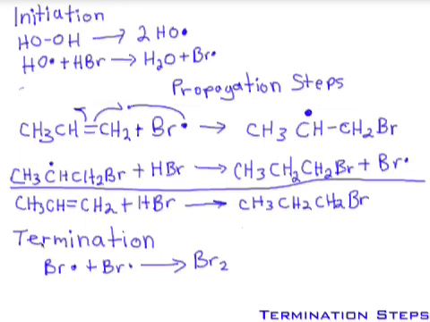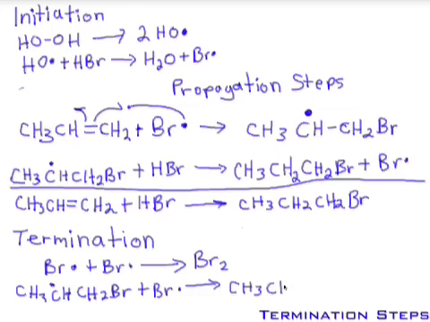You might have the alkyl radical, CH3, CH dot, CH2, Br, crash into a Br dot, and you get CH3, CHBr, CH2Br.